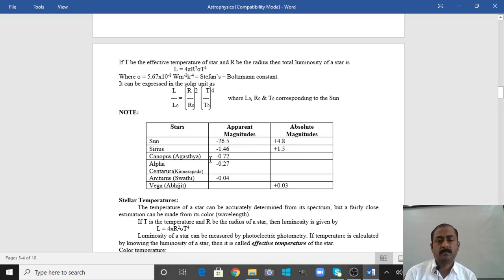Canopus, that is Agastya, has an apparent magnitude of minus 0.72, and Alpha Centauri, in the local language Kindarapada, has an apparent magnitude of minus 0.27. Arcturus or Swati has an apparent magnitude of minus 0.04. Vega or Abhijit has an absolute magnitude of plus 0.03. These are the apparent and absolute magnitudes of different stars which we can see.